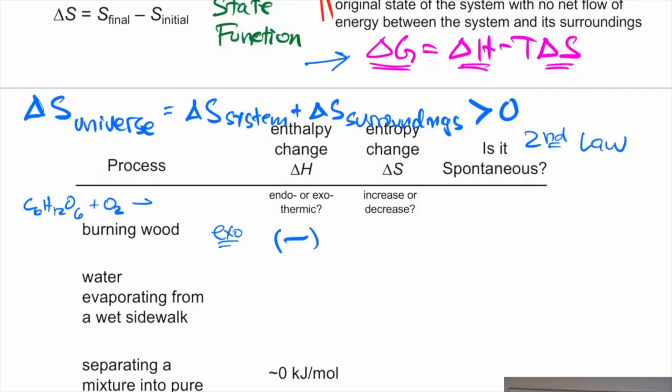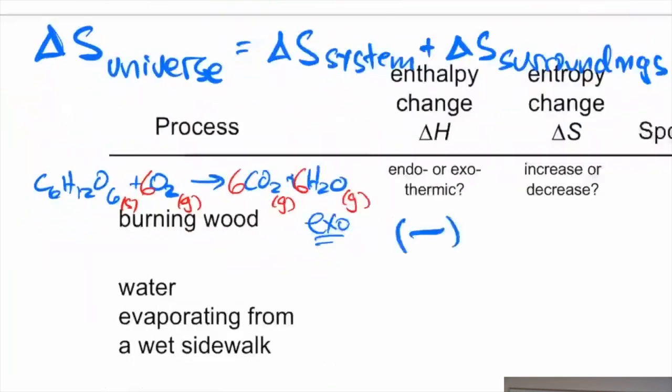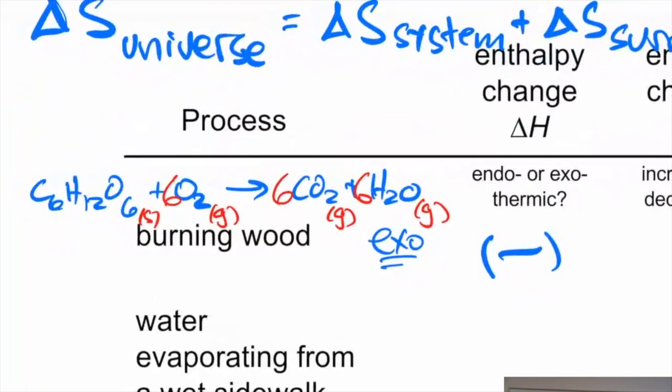What are the common products of a combustion reaction? Carbon dioxide and water. CO2 plus H2O. Let's put some coefficients in here to balance it. And let me put the states of matter. This is a solid, this is a gas, this is a gas, and this is a gas. This is something that we're going to be focusing on a little bit later on. Let's start now. Take a look at this reaction.